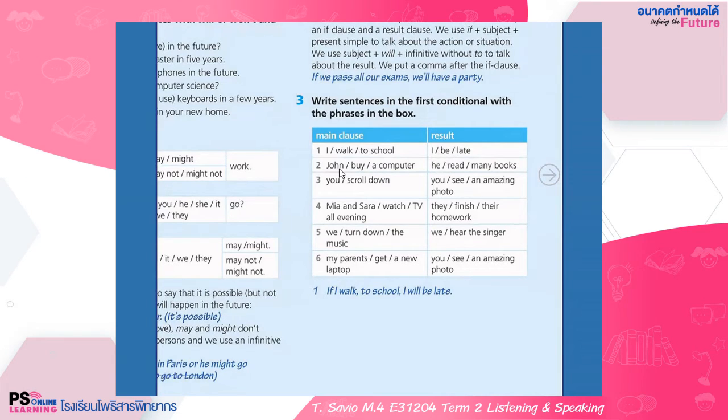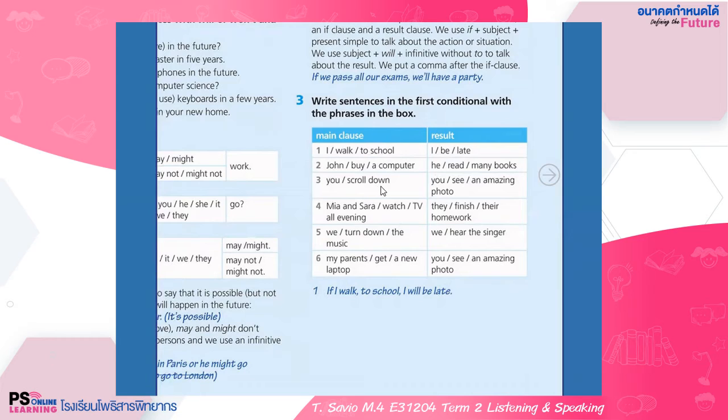Let's try number 2. If John buys a computer, notice we'll have to add an S to buy because John is one person. If John buys a computer, he won't read many books. So we have to use the negative. He won't read many books. Number 3.